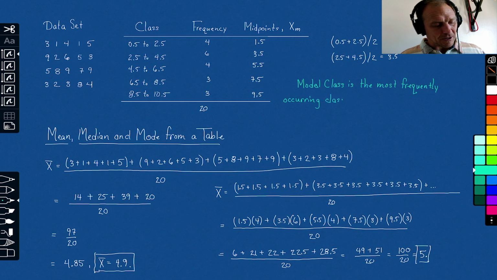In other words, which class has the highest frequency? Well, if you look in there, the modal class is right here. The frequency of 6, it's the class from 2.5 to 4.5.